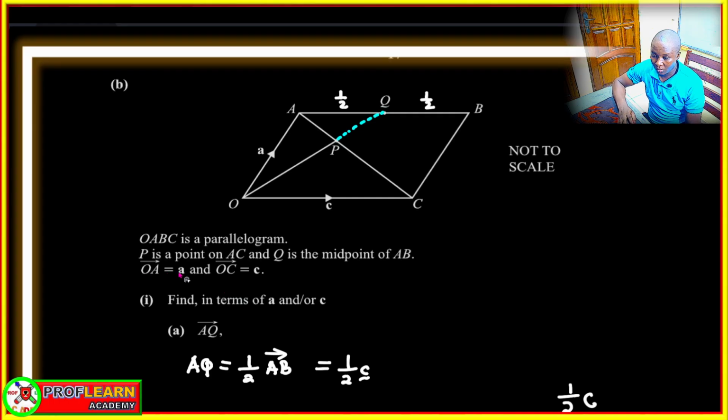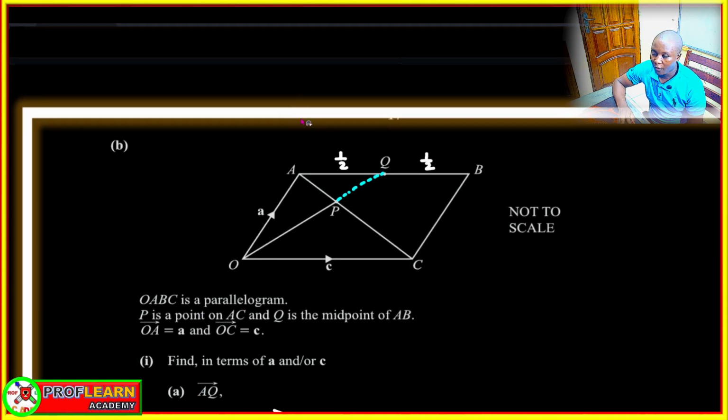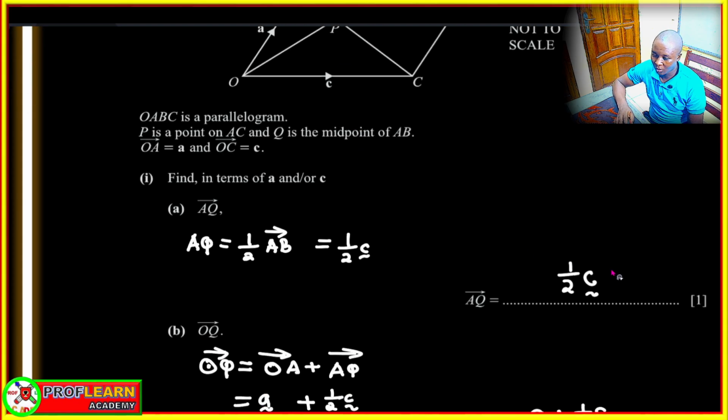OA equals vector A, OC is equal to vector C. But if you are moving from A to O, you are going to have a negative sign. I believe you remember that. Now find AQ. For you to move from A to Q, it will be a half of C, because from O to C, since this is a parallelogram, AB is also going to be C. So AQ is going to be a half of C, as shown here.